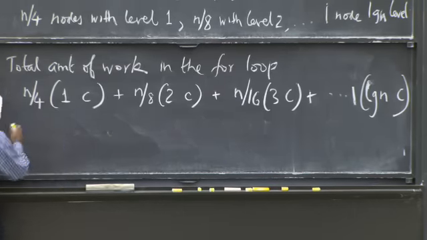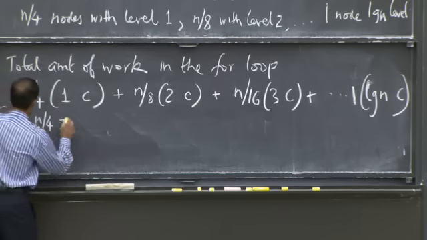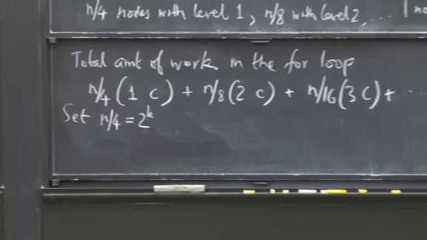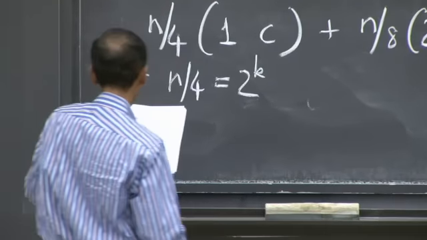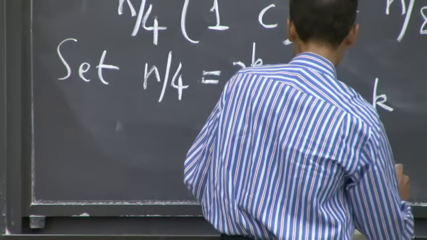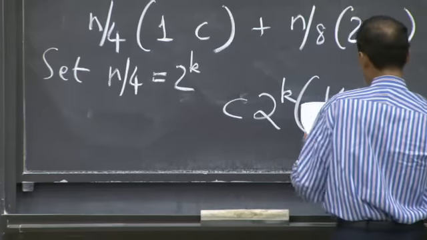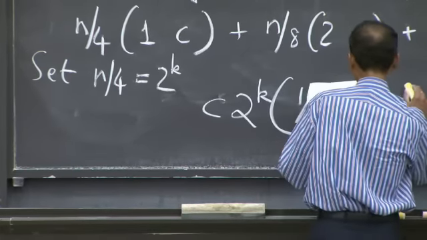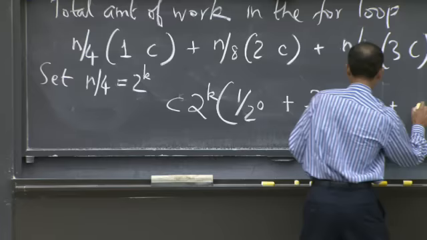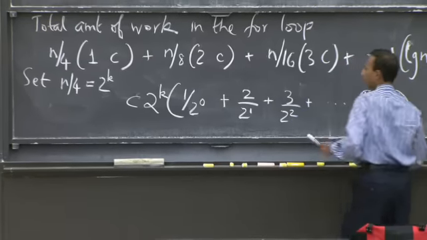Now, just to make this a little easier to look at and reason about, I'm going to set n over 4 to 2 raised to k. And I'm going to simplify by pulling out certain things, and this translates to c times 2 raised to k times 1 divided by 2 raised to 0, 2 divided by 2 raised to 1, 3 divided by 2 raised to 2, etc., k plus 1 divided by 2 raised to k.